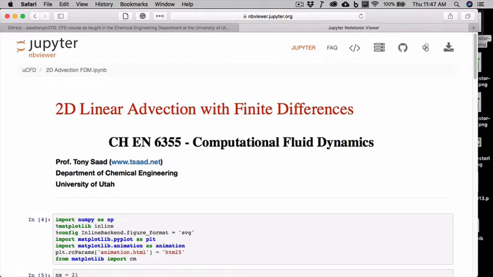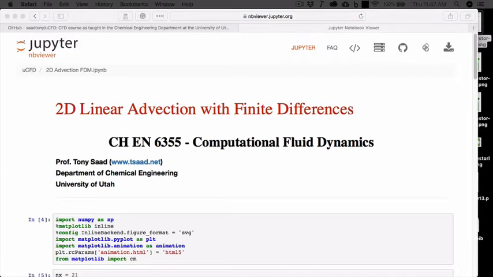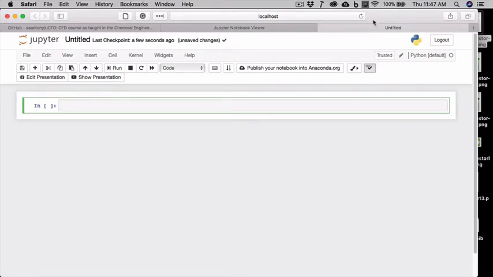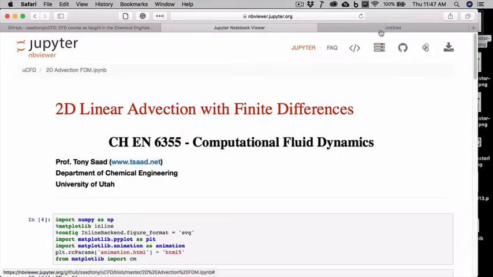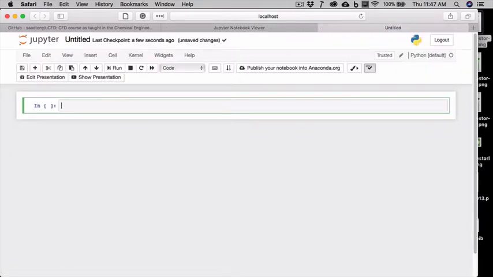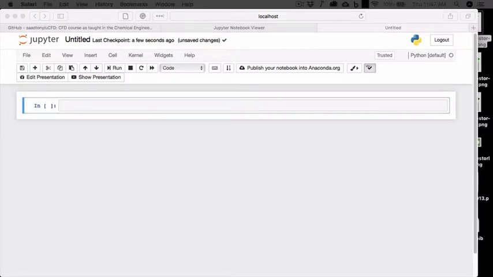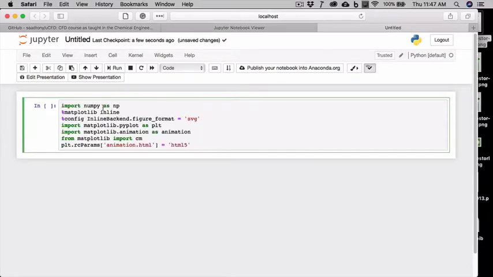But for now, I'm going to create a new Jupyter notebook. Okay, so we'll import the basic stuff here.